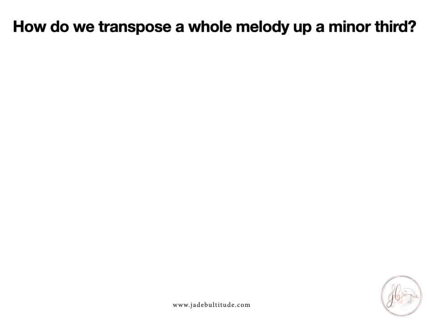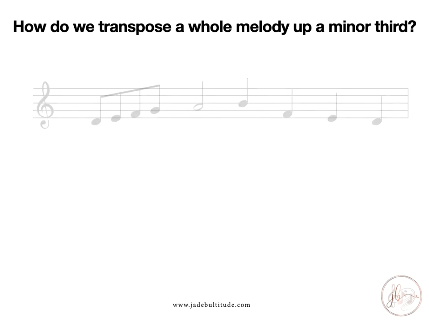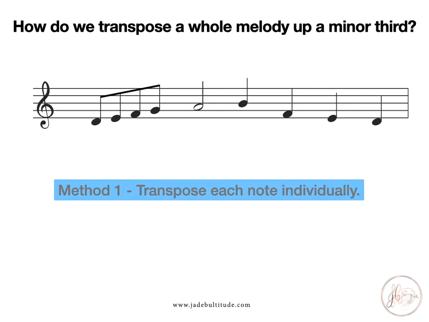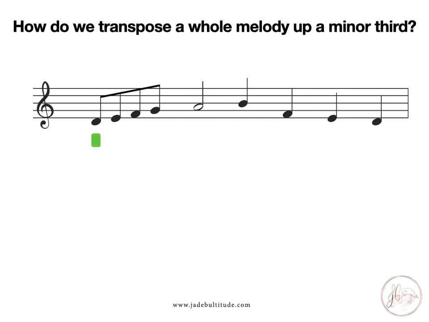So how do we transpose a whole melody up a minor third? Method 1, we could transpose each note individually. So our first note here is a D, so let's write out our D minor scale below.